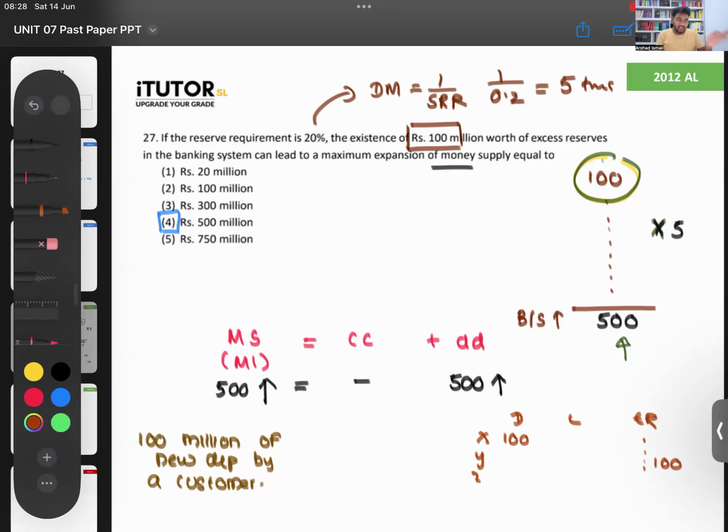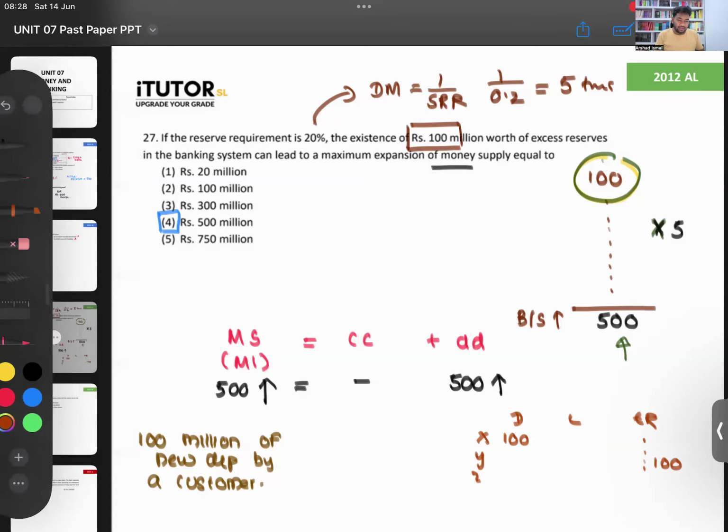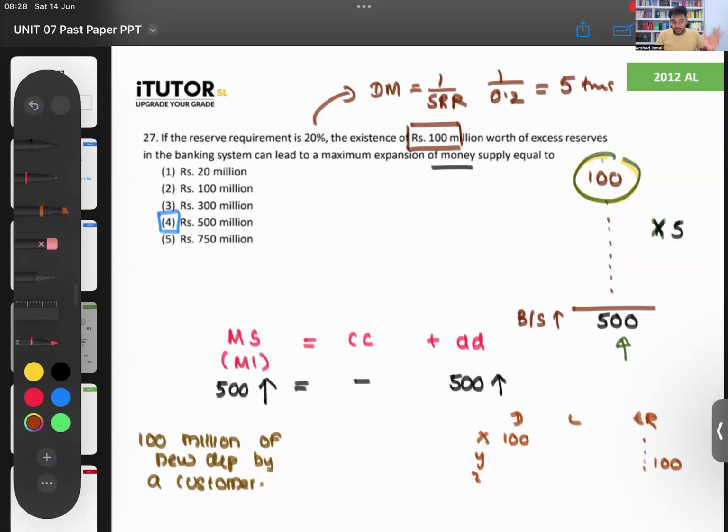It will start moving from one place to another place to another place. Demand deposits will increase by 500. So right now that 100 is not a demand deposit. Right now it's an excess reserve.